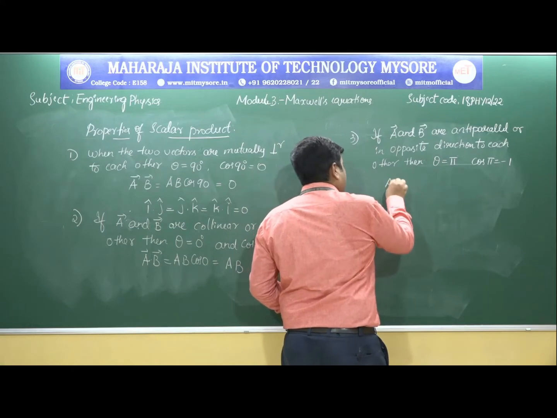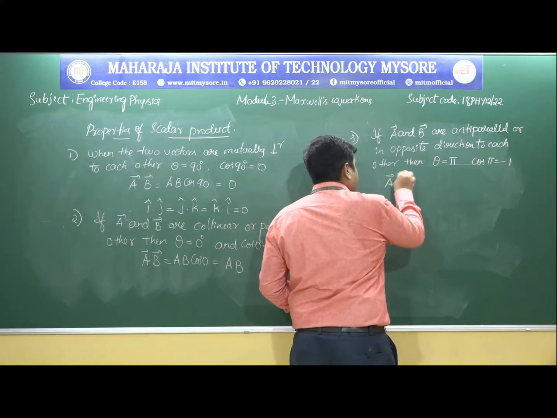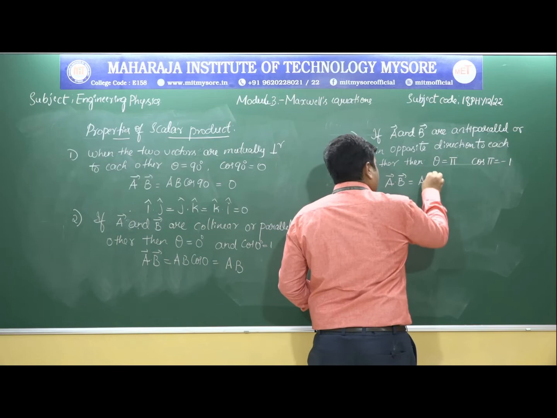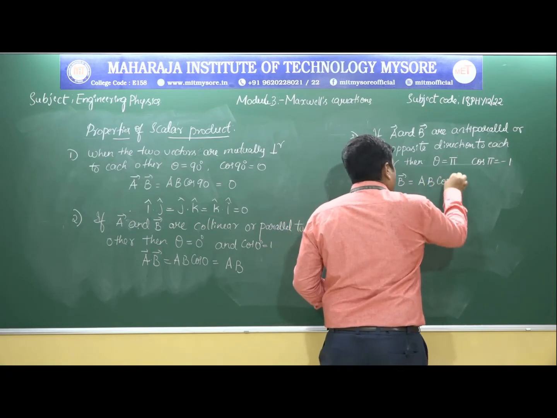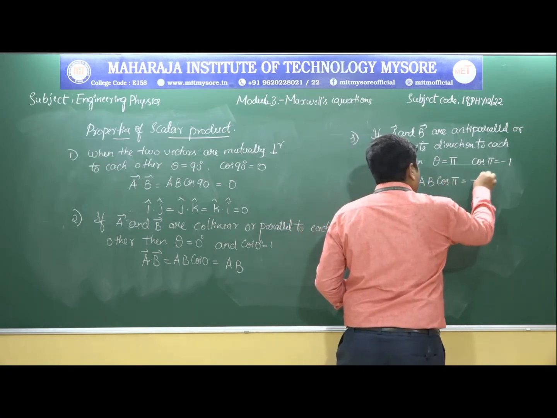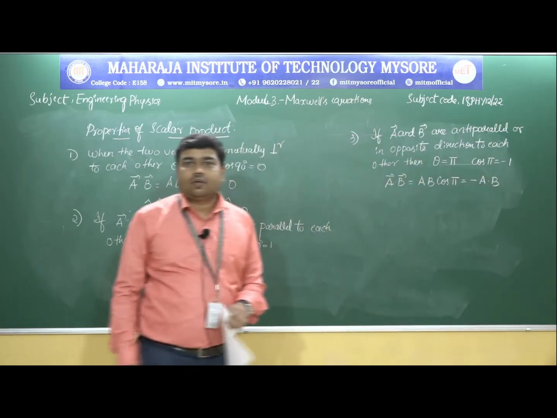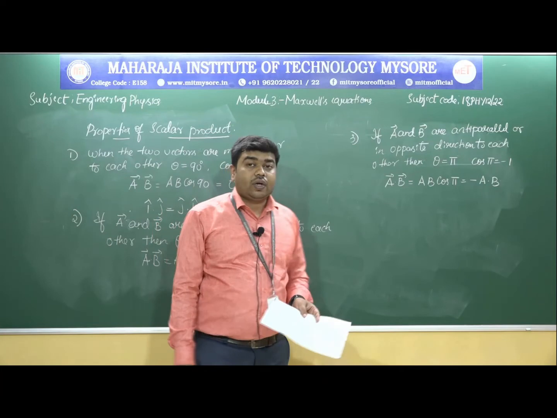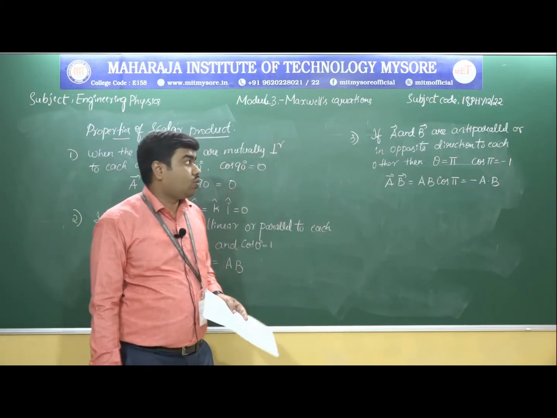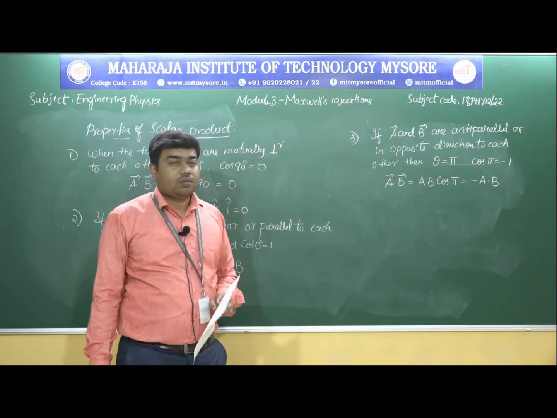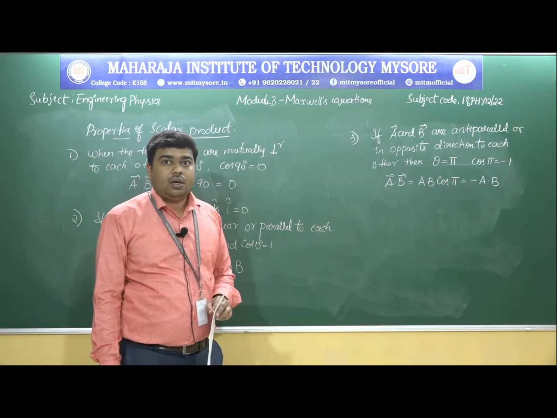So, we can write vector A dot vector B is equal to AB cos pi, that is equal to minus A dot B. So, if you consider the two vectors are anti-parallel to each other, they are there in opposite direction, then angle between them becomes equal to pi and cos pi is minus 1.